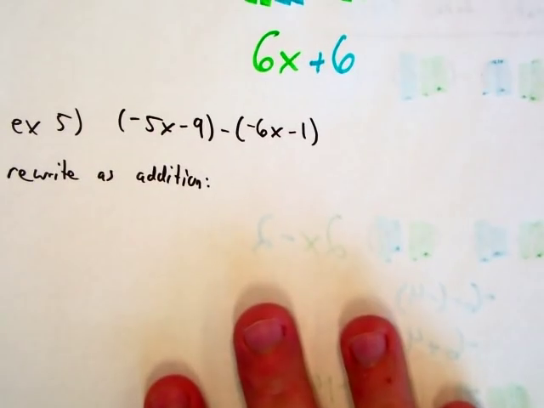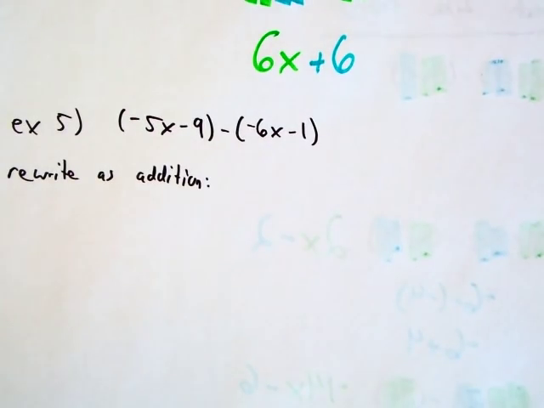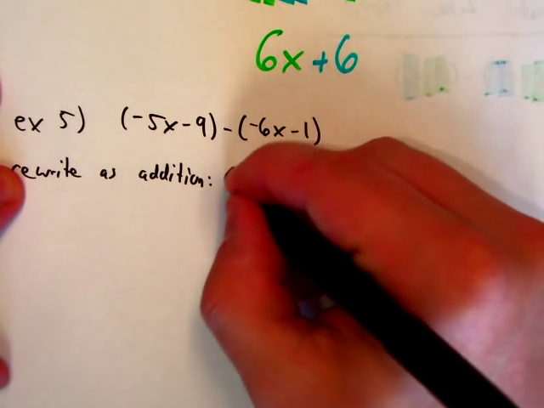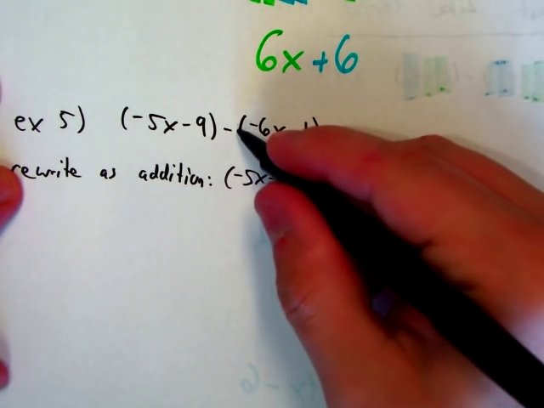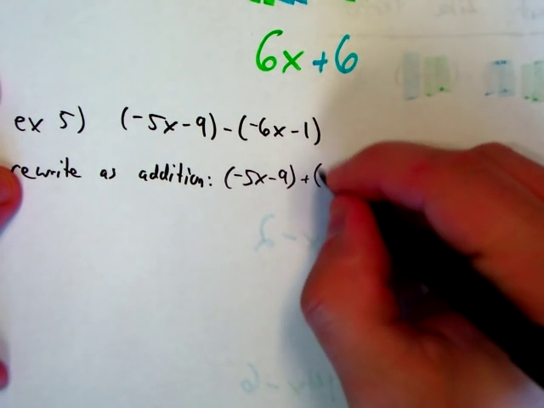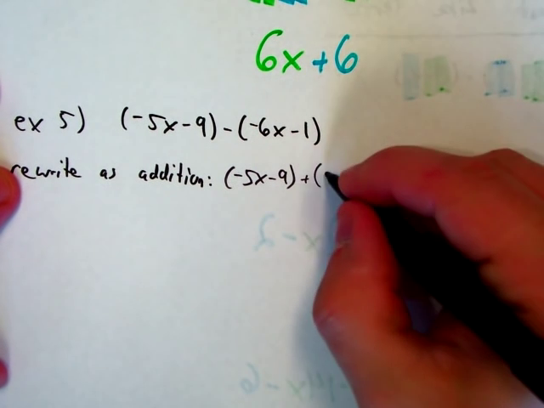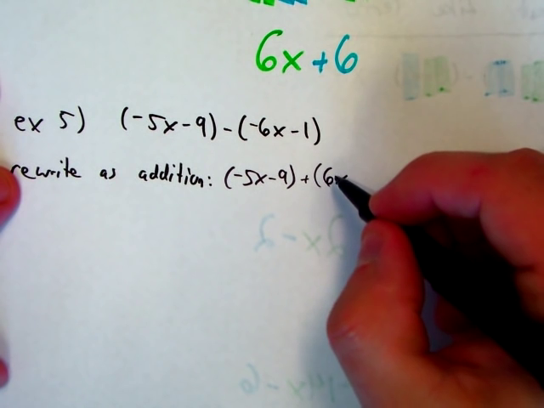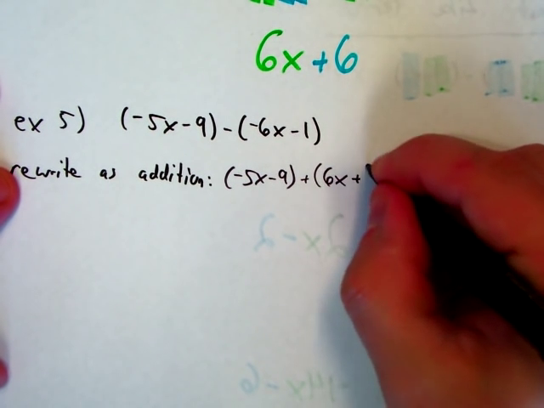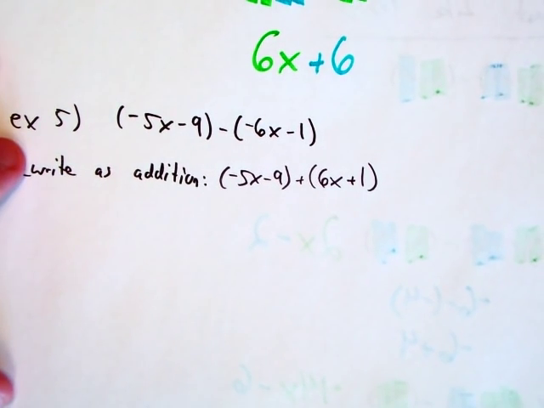And then last example. Again, we're going to practice rewriting these as an addition problem. But if I rewrite this, negative 5x minus 9 stays the same. We change the subtraction to an addition, and everything inside turns into its opposite. So negative 6x turns into a positive 6x, a minus 1 turns into a plus 1.